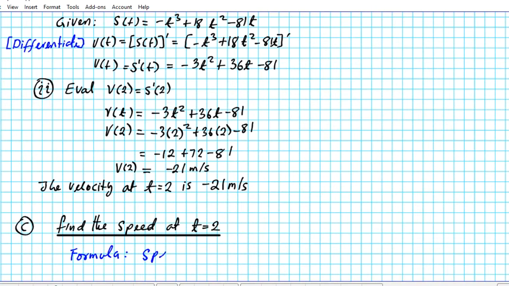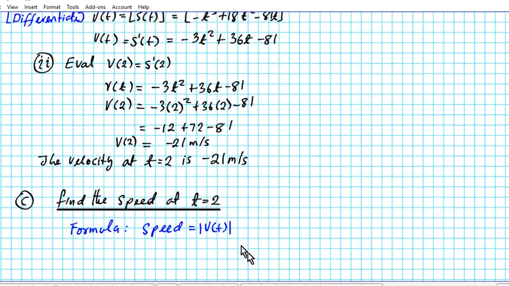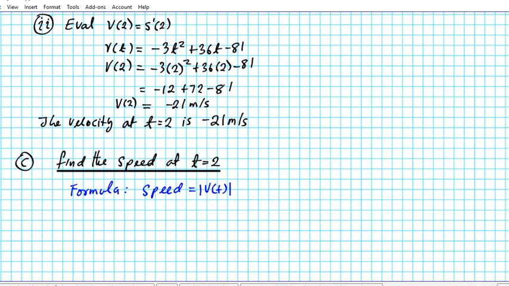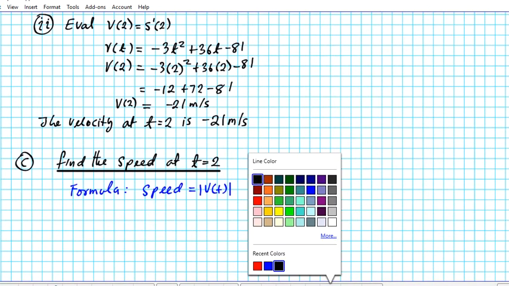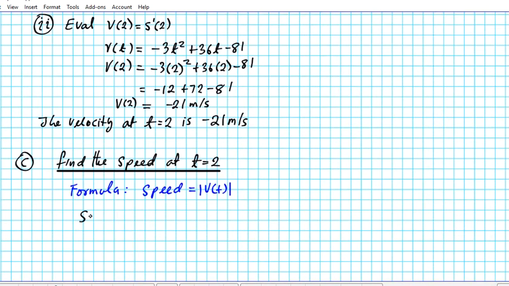Speed is simply the absolute value of velocity. Okay, so if we want to find the speed at t equals 2, all we do is take the absolute value of the previous answer we got, the absolute value of negative 21, which is the velocity. So the speed is 21 meters per second.